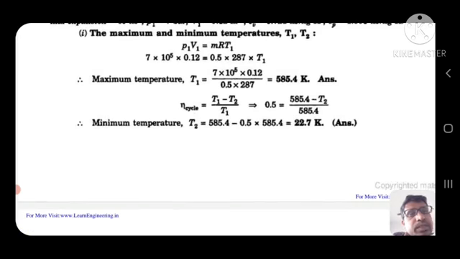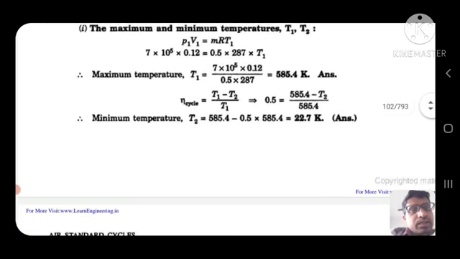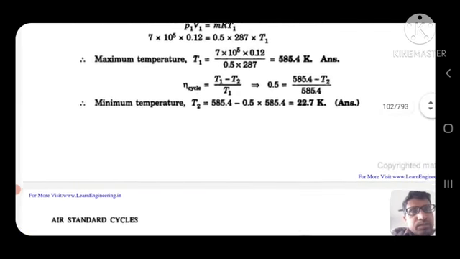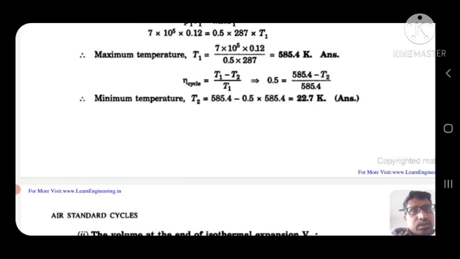The maximum and minimum temperature T1, T2: P1 V1 is equal to m R T1, 7 into 10 to the power 5 into 0.12 equal to 0.5 into 287 into T1.